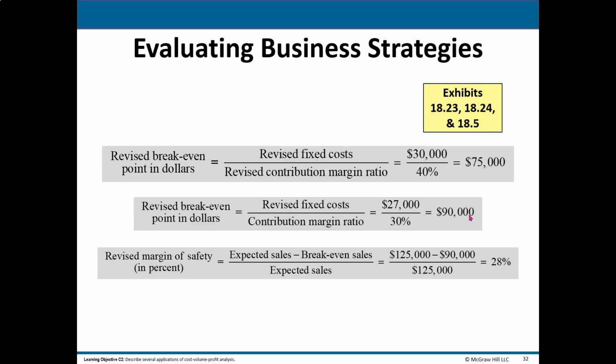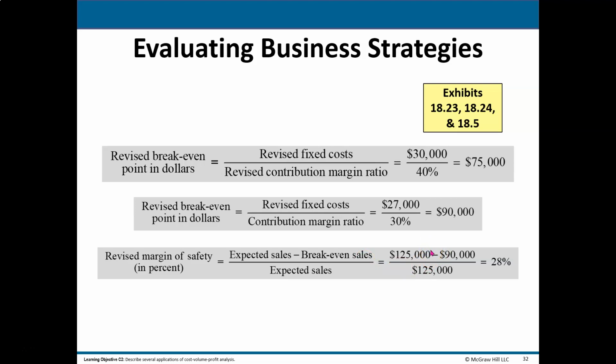Now, what if that increase in advertising resulted in an increase of sales? Let's say now instead of selling $100,000 worth of footballs, I sell $125,000 of footballs. So I have my new expected sales because my sales have increased because of my advertising campaign.